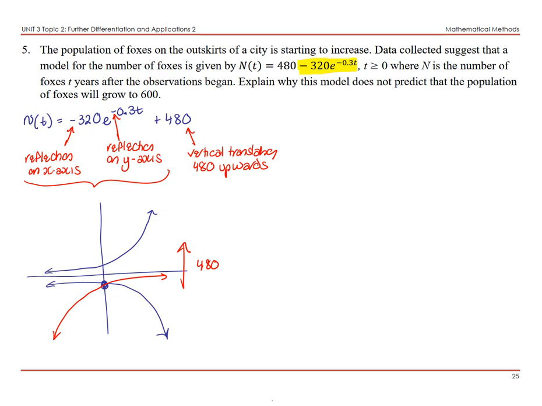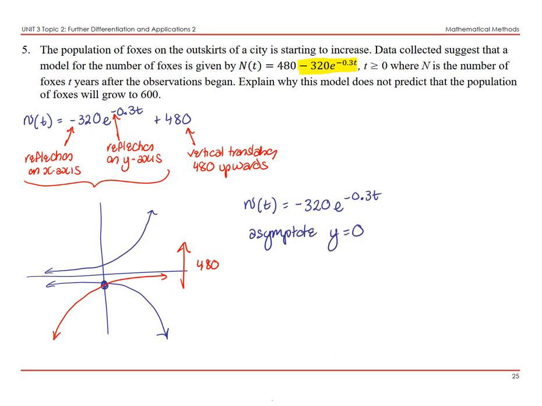So what you should see is that if I had n of t equals negative 320 e to the negative 0.3t, my asymptote would be y equals 0.